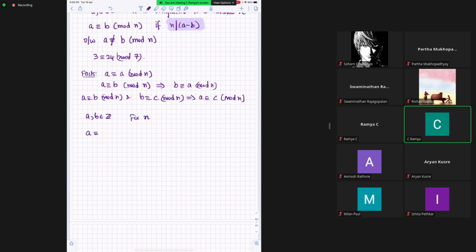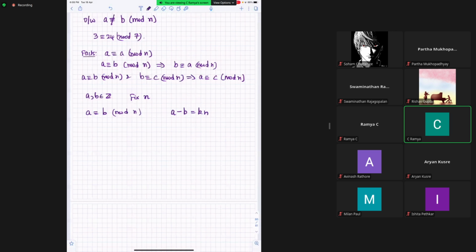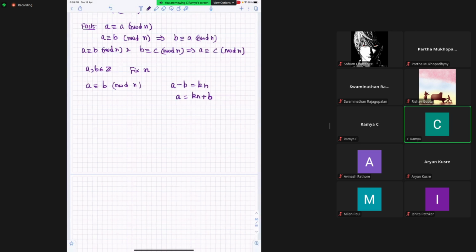When I say A is congruent to B mod N, I also mean that N divides A minus B, so A minus B can be written as k times N. In other words, you can write A as kN plus B. But what does it say about A and B when you divide them by N? A individually, if I divide by N, and B individually, if I divide by N, what does this say?